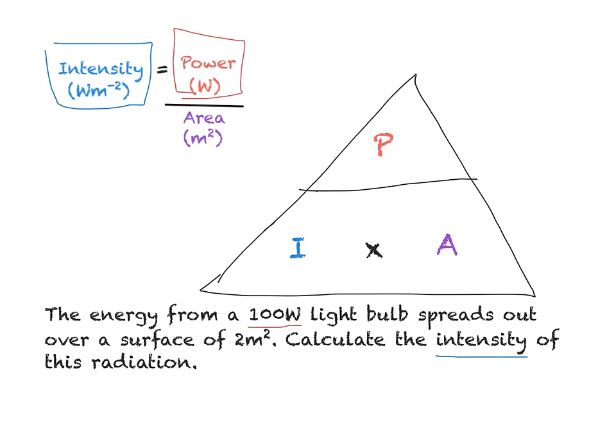And we are also provided with our area of 2 meters squared. Again, this is already in the correct unit. We do not need to convert it. We now have everything we need in order to calculate the answer. We will do intensity equals 100 watts divided by 2 meters squared, which will give us 50 watts per meter squared, which can also be written as 50 watts over meter squared.